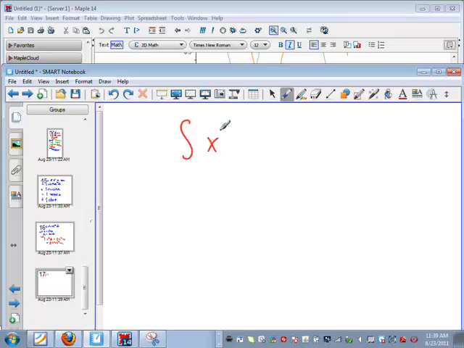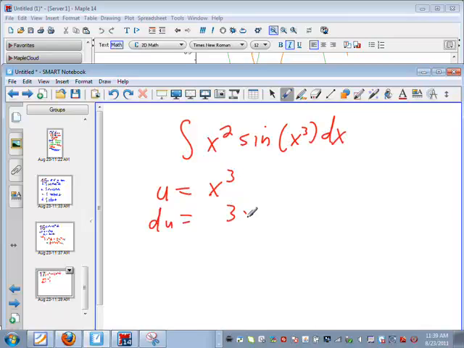Antiderivative of x squared sine of x cubed dx, right? U is equal to x cubed. Du is equal to 3x squared dx, right? And we're committed to removing all the x's and putting u's there, okay?